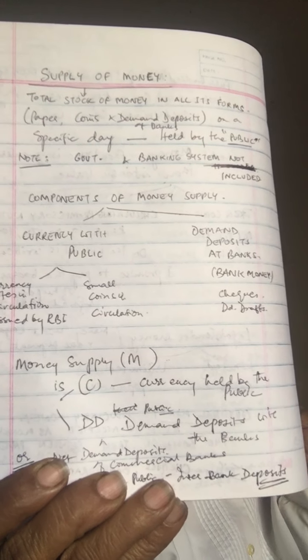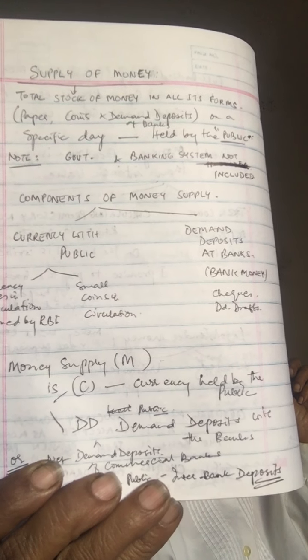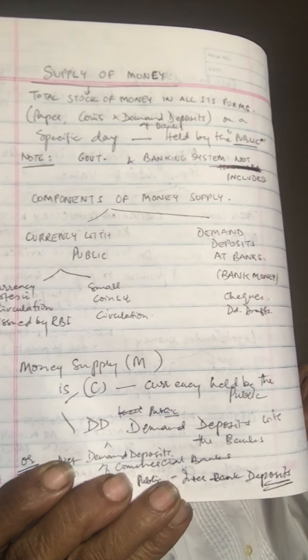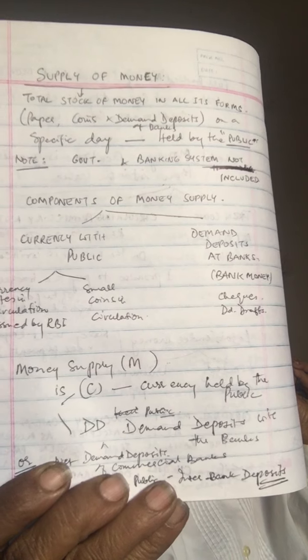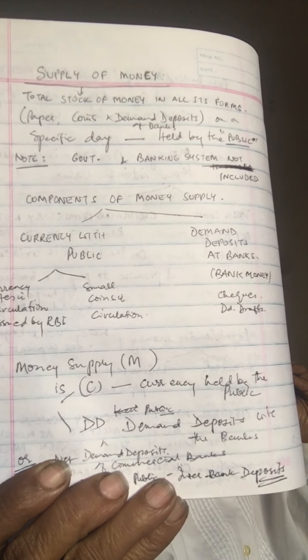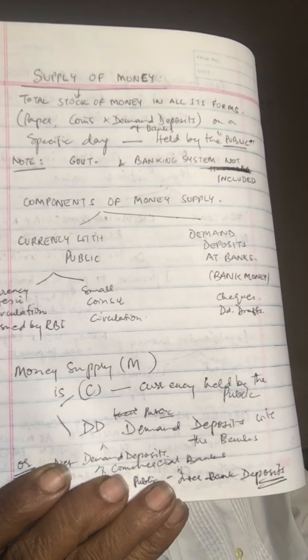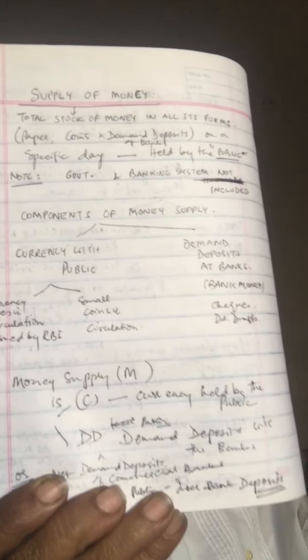Once again, the two features are: stock variable, and money held by the public. So supply of money always refers to the stock of money held by the public, and the stock of money with the government or the RBI and the banking system is not included. Just remember that.